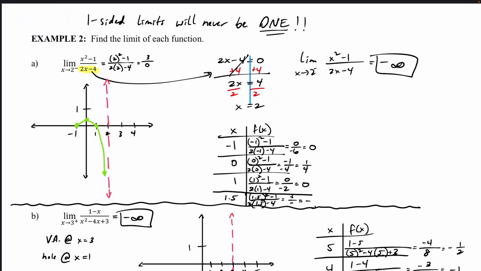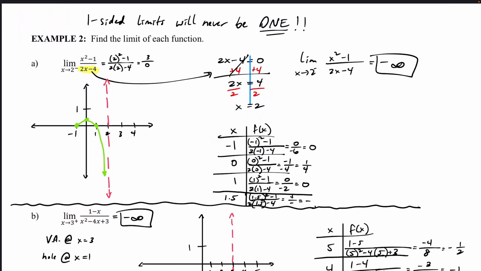Okay, so when we're doing any limit problem algebraically, what's always the first thing we do? Plug it in. Plug it in to see what we get. If we get 0 on top and anything on the bottom, positive, negative, whatever, what is our answer going to be? 0. Yep.